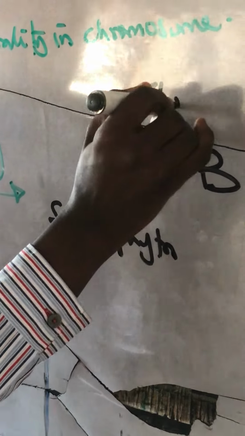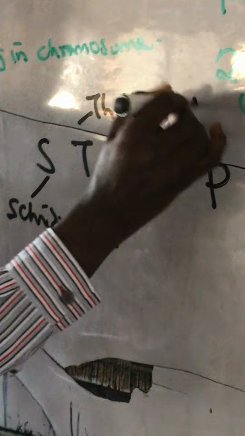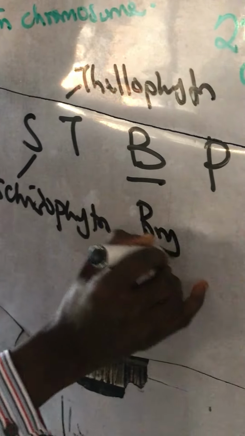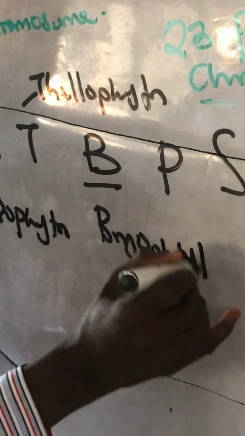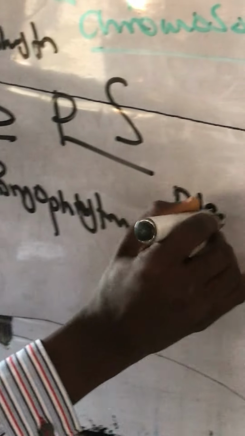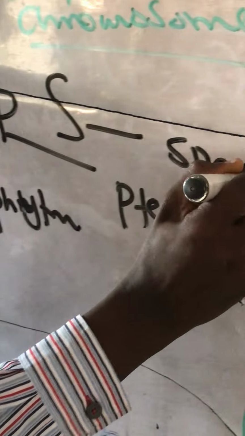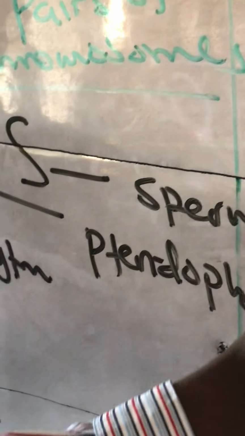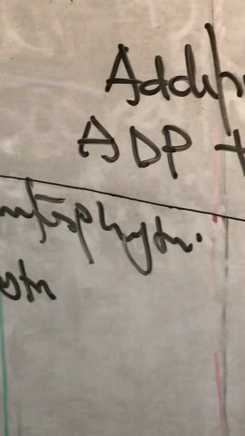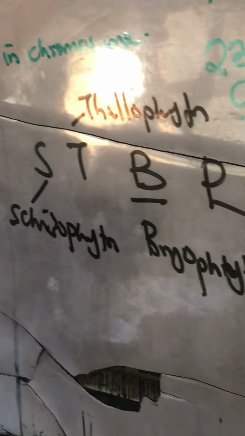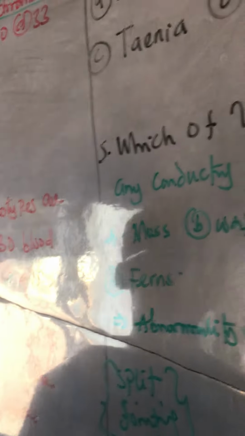Here we have Thallophyta. Here we have Bryophyta. Here we have Pteridophyta. And here we have Spermatophyta. Now, the question under this has to do with the organization level of these plants. Which of the following groups of plants lack any conducting tissue?